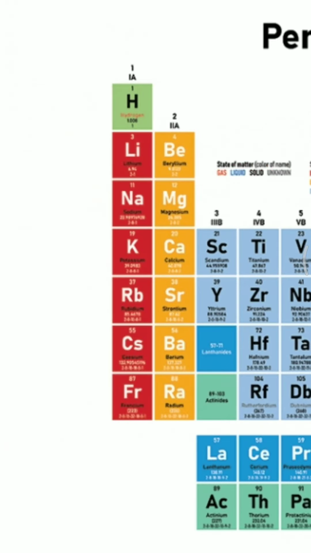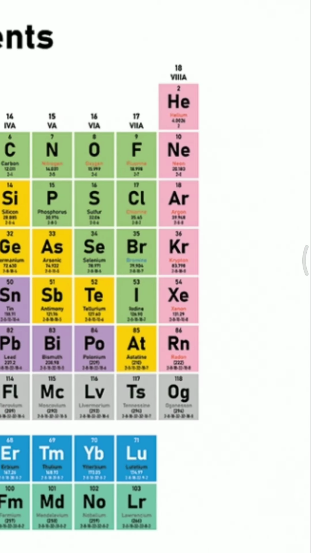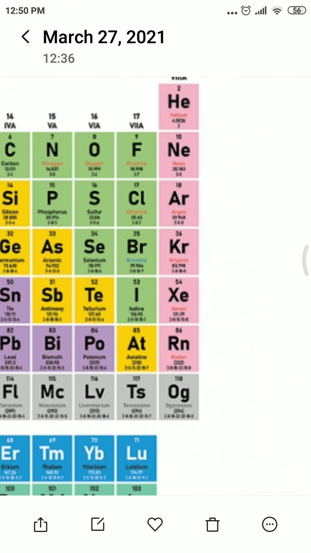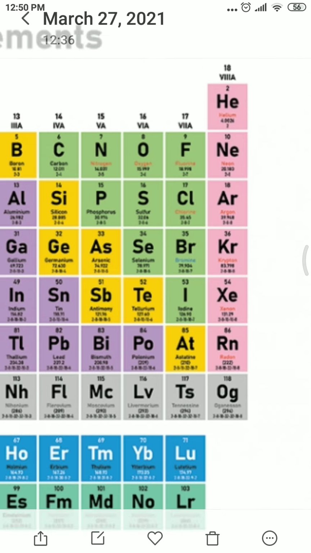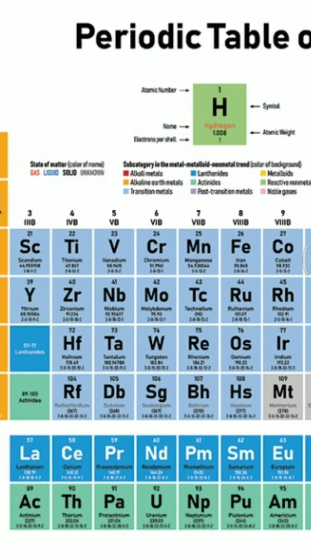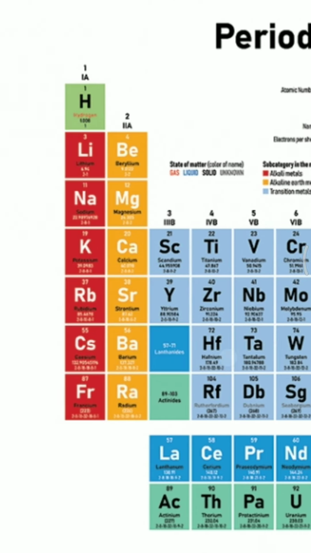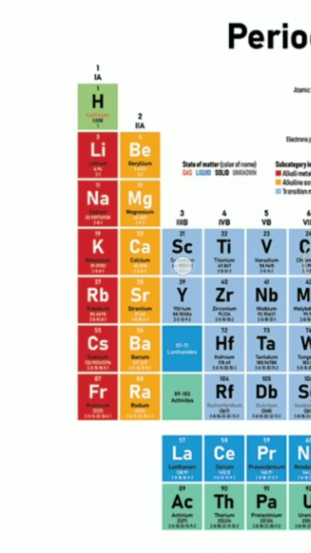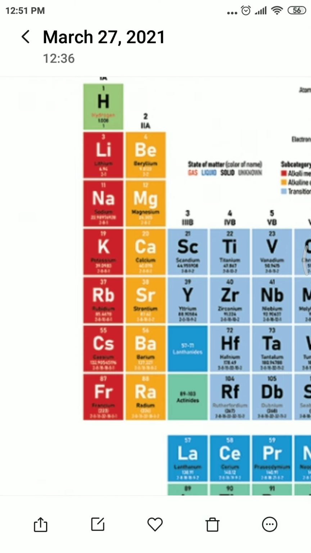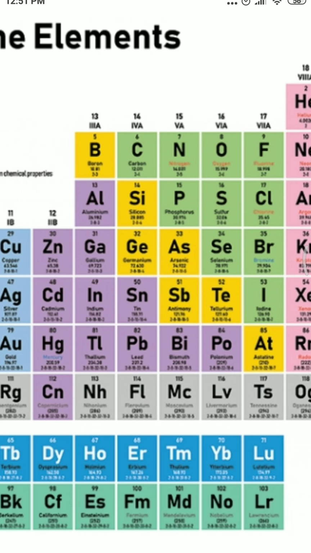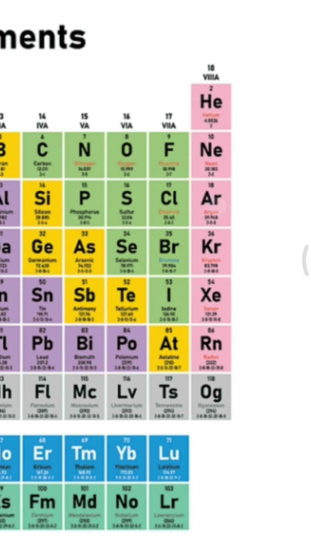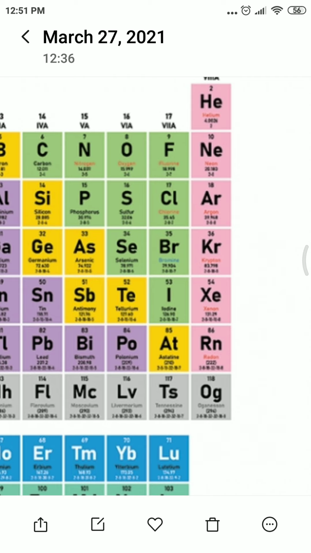By the time you reach neon, that is 1s2, 2s2, 2p6, a total of 10. So neon is 10, and the configuration ends here in a stable element. Next, here you have two, which belong to the s orbital, and these 6 again belong to the p orbital.